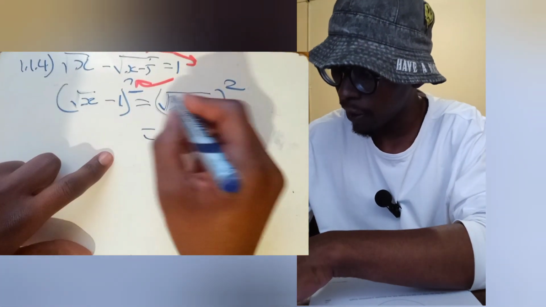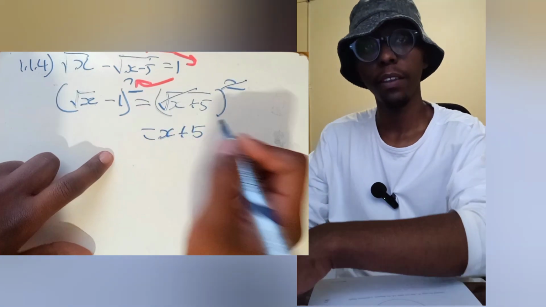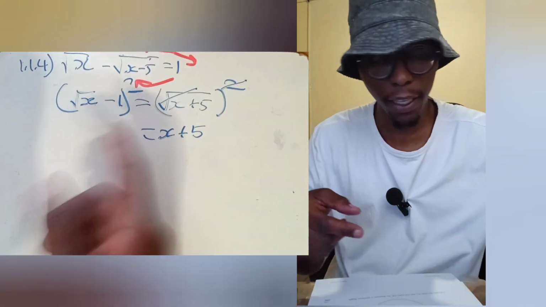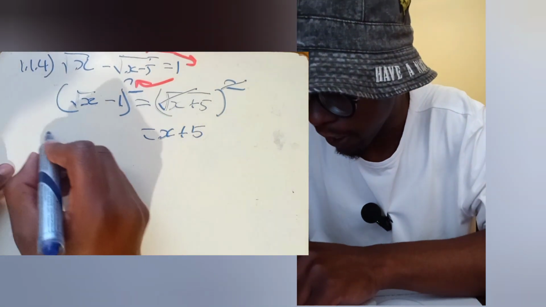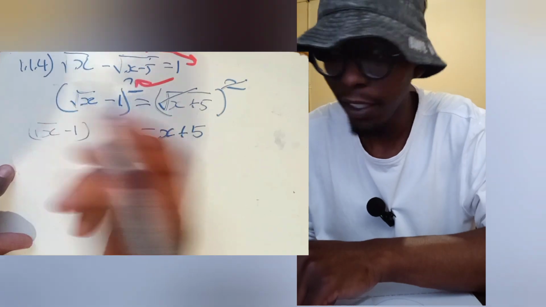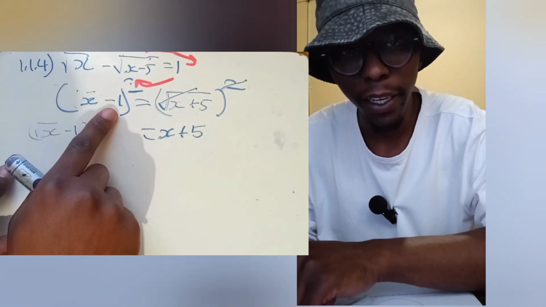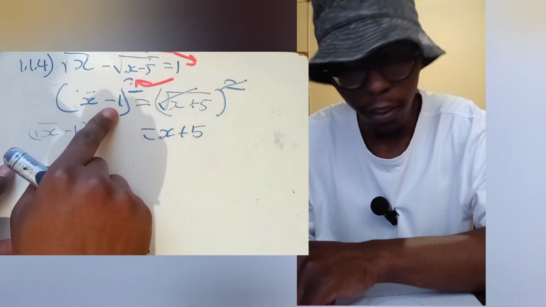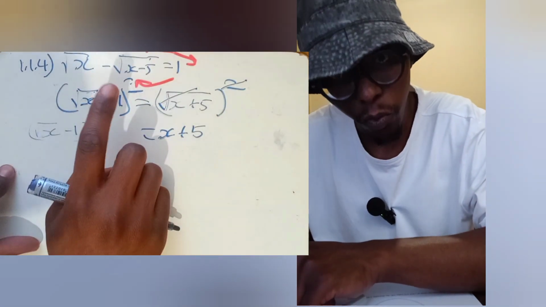The purpose of this squaring is that this cancels this and you are left with x plus 5. This side I have to write out twice. I have root of x minus 1, because that's what the square is telling me. I can't just cancel, because there's another term here and it's not under a square root.